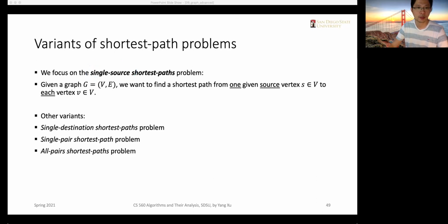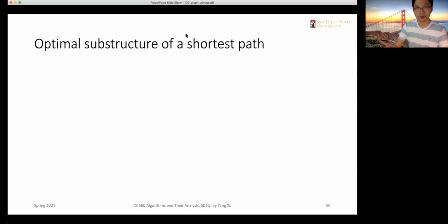Okay, so we haven't yet finished the preparation part, so we're going to look at what other properties we need to know about the shortest path problem, and then we will start talking about the algorithms to find the single source shortest path.